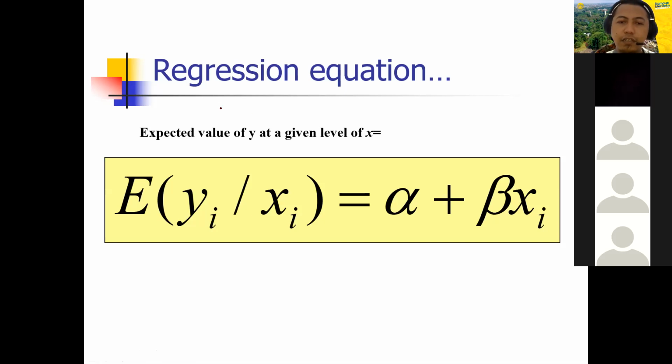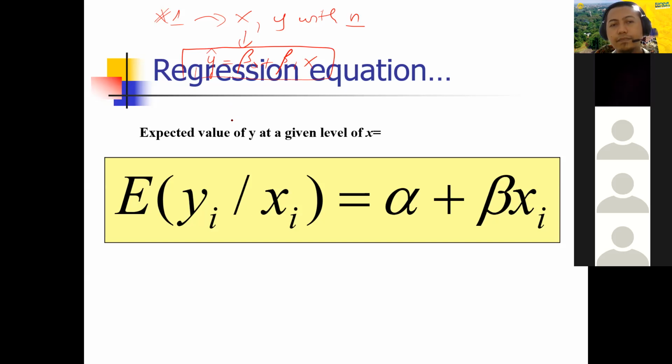For example, when you take the first observation, you generate data x and y with a sample size, and then you get the estimated line, b0 plus b1 times x.